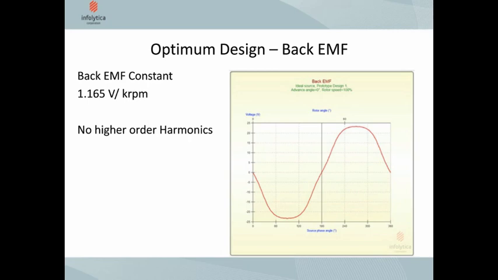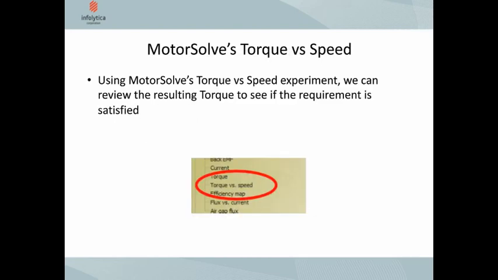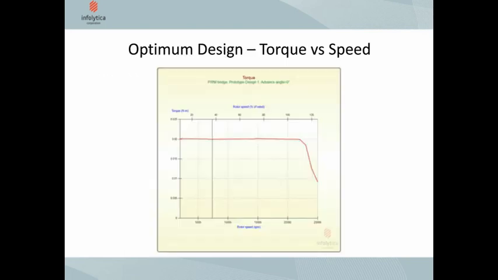Further, we are going to run an additional test to help us scrutinize the machine over the full speed range. And so we're going to run a torque speed curve. And here we have a resultant curve indicating that we have our 20 millinewton meters the entire range, up beyond our 20,000 RPM.